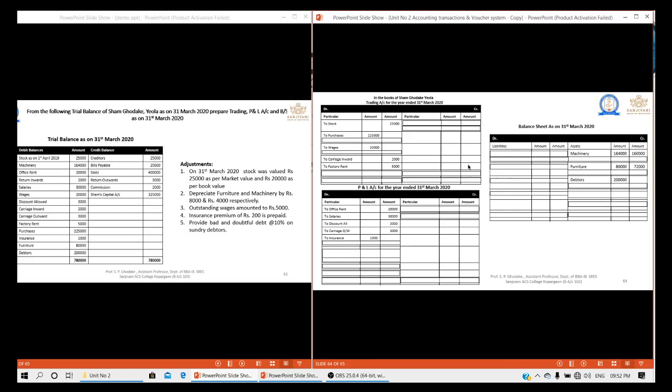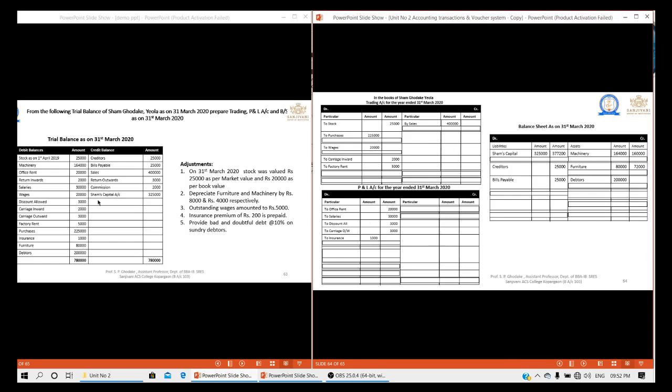Creditors, it is a liability, so at the liability side we will write in the outer column. Then we have bills payable, again a liability, so at the outer column. Then we have sales, so trading account credit side we have sales. Then we have to keep one line blank for doing the returns adjustment. Then we have the commission income, so profit and loss account.